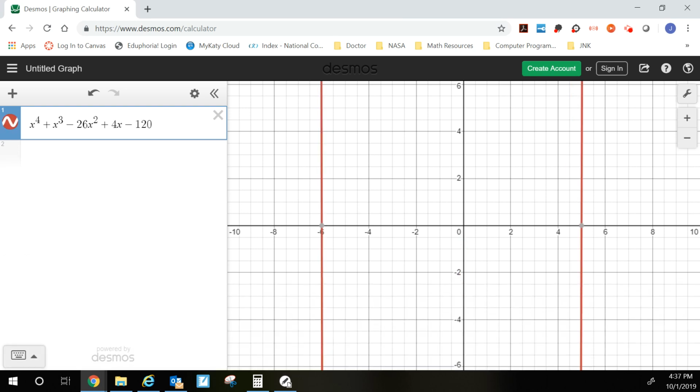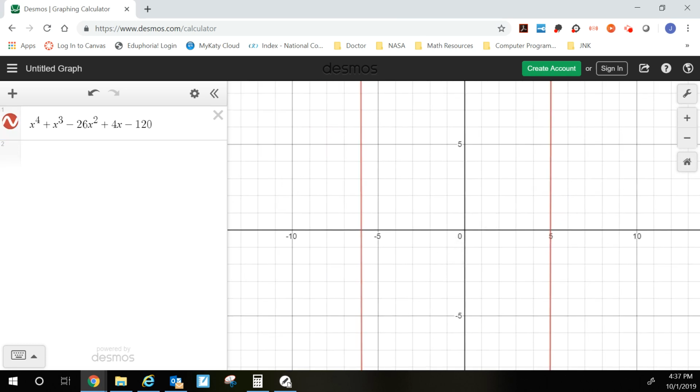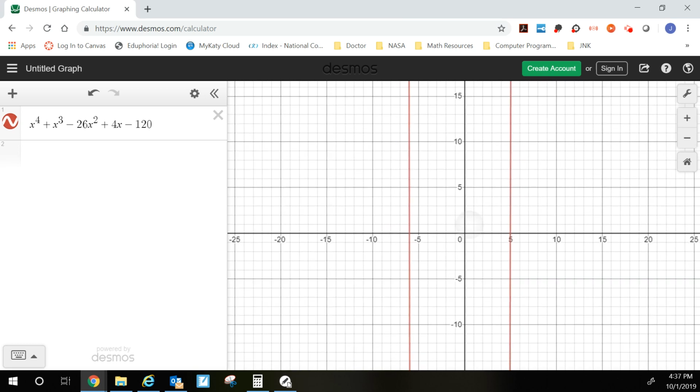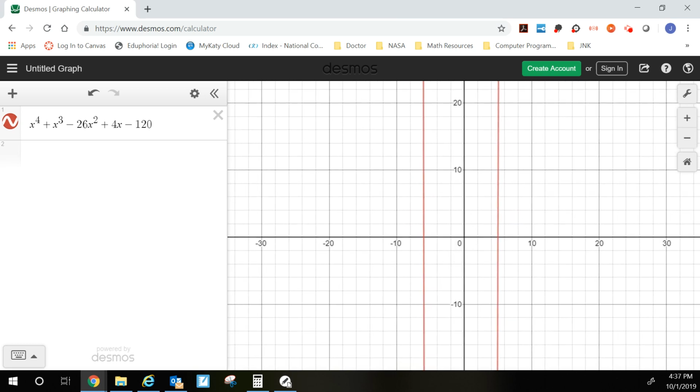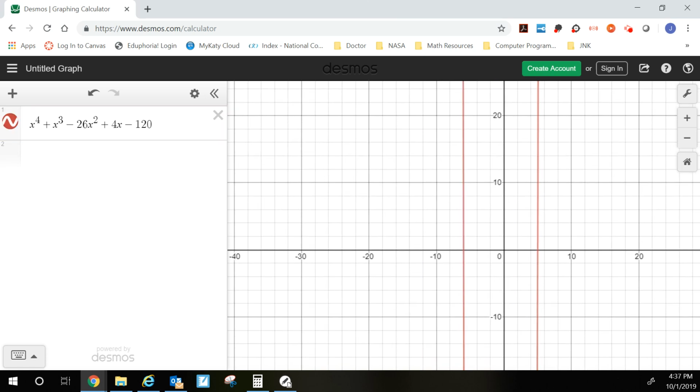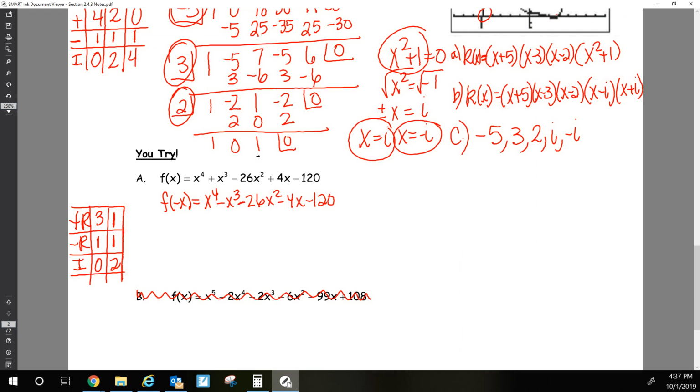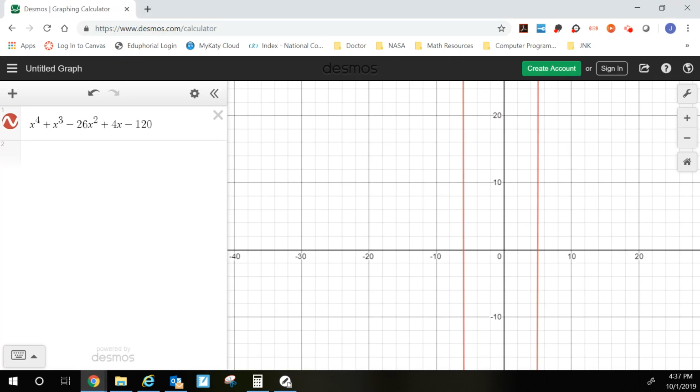All right, so this is kind of what you'll see. Unfortunately, this is exactly what they are, but you'll see maybe something more like this. So it looks like we have 1 positive and 1 negative, right? So I think we're going to end up with this scenario here where we've got 1 positive, 1 negative, 2 imaginary. Looking at our graph, it looks like we're close to, say, -6 and +5.